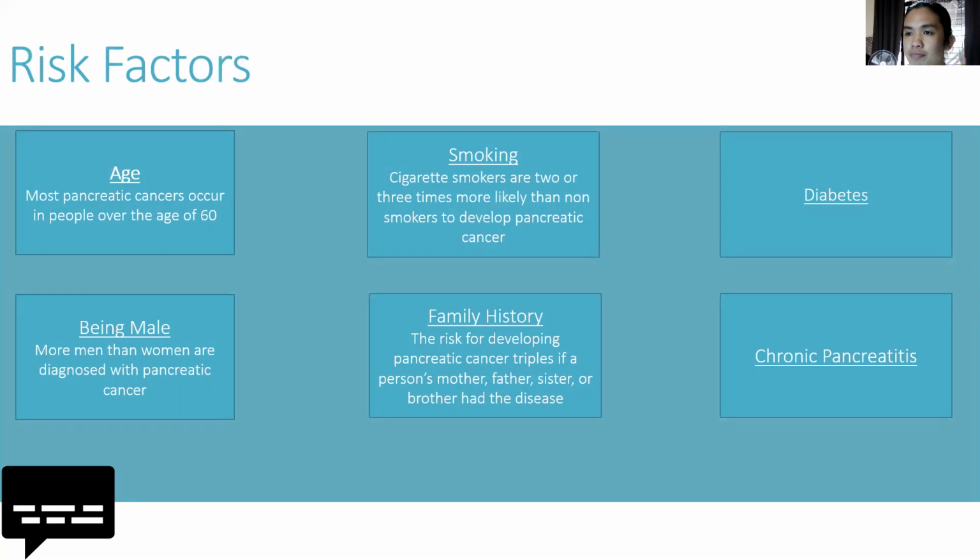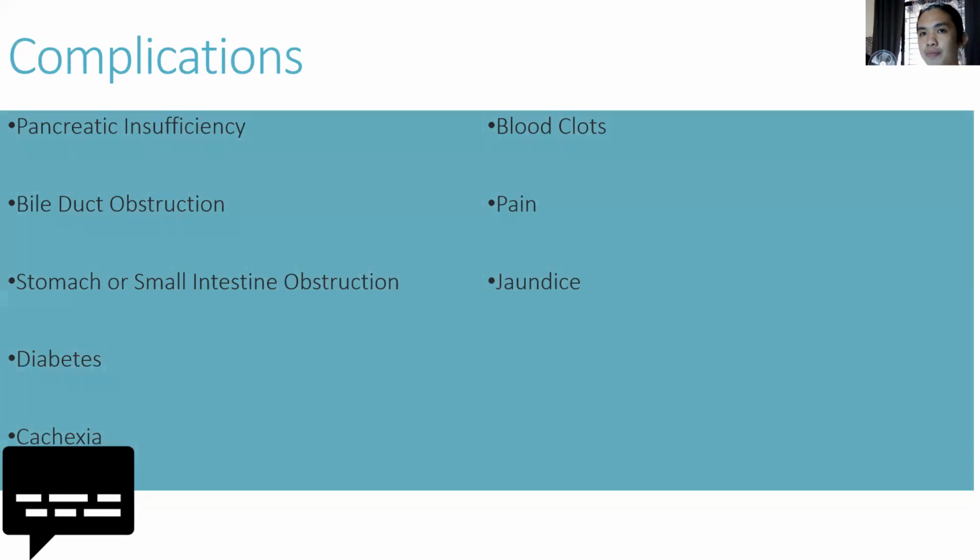Family history. The risk of developing pancreatic cancer triples if a person's mother, father, sister, or brother had the disease. And it's diabetes and chronic pancreatitis.